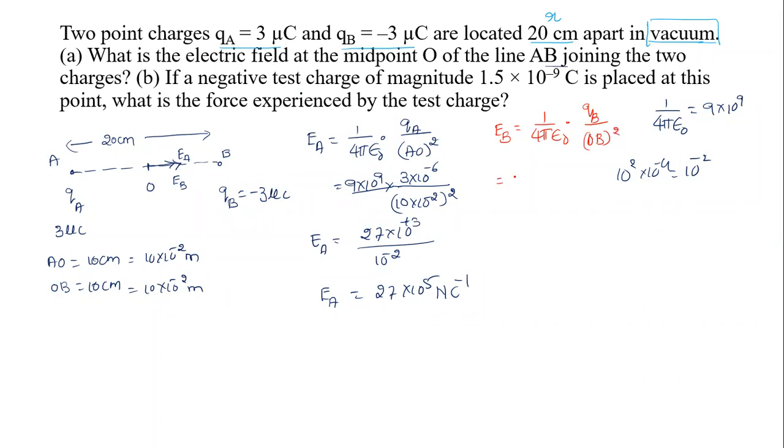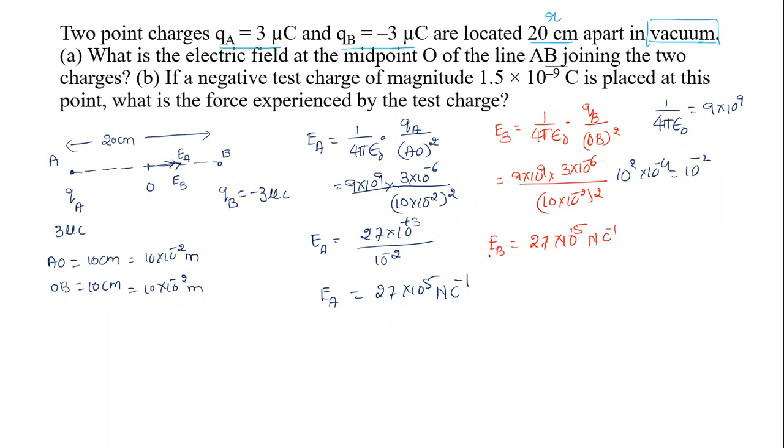If you insert the values, it is 9 into 10 power 9 into Q B, which is 3 into 10 power minus 6. You are not supposed to take the negative sign because of magnitude. Distance is 10 into 10 power minus 2 whole square, and you get again 27 into 10 power 5 Newton per coulomb. Okay, that is the electric field due to B.